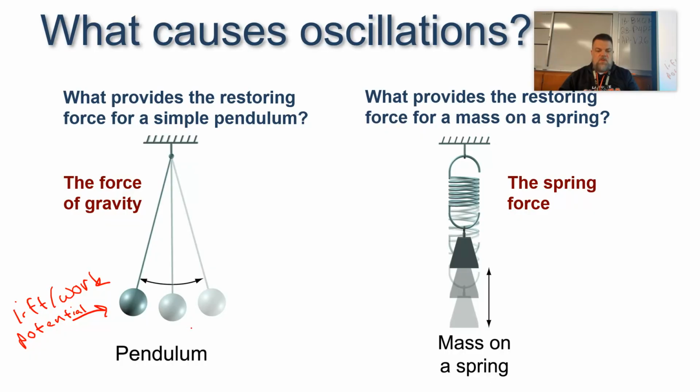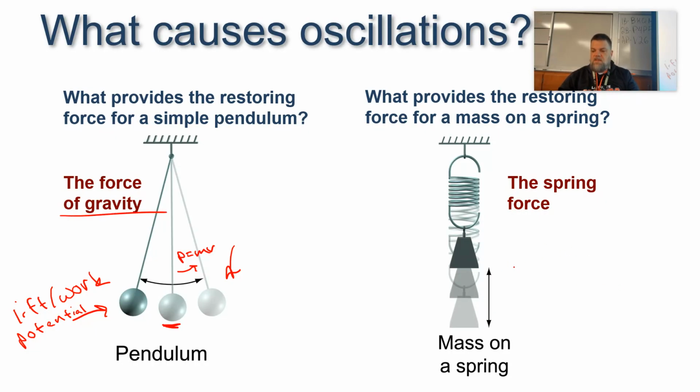Okay, but the force of gravity creates this motion, and then momentum from this point on carries it this way. But gravity pulls it back in. So the restoring force on this one is gravity.